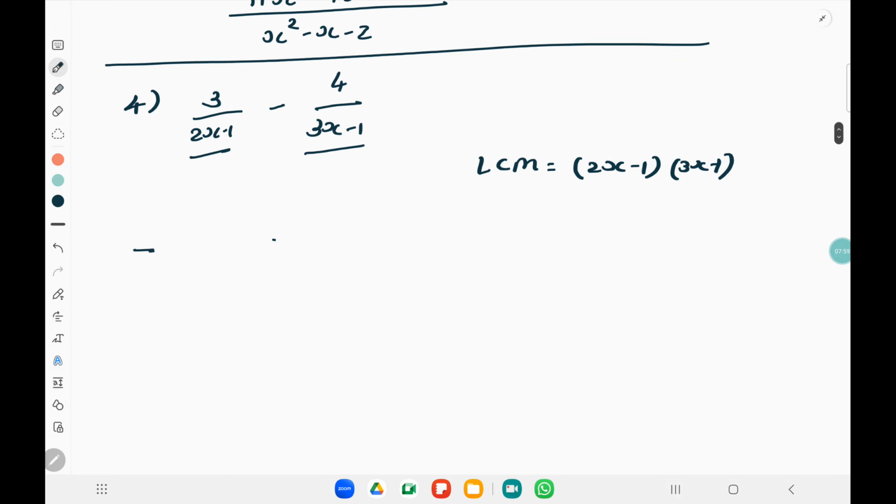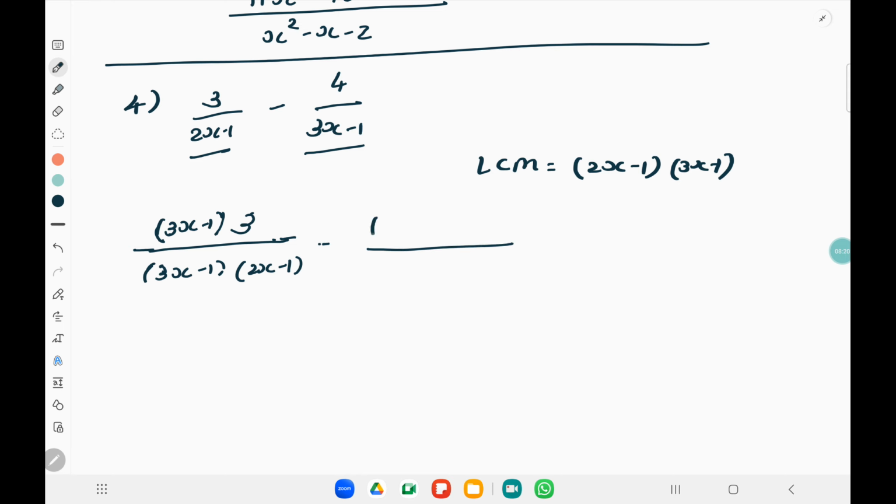So the first fraction doesn't have 3x minus 1 in the denominator, so we multiply top and bottom both by 3x minus 1, and here 2x minus 1, which it already has, take away.